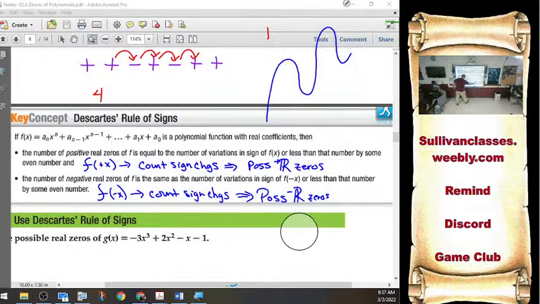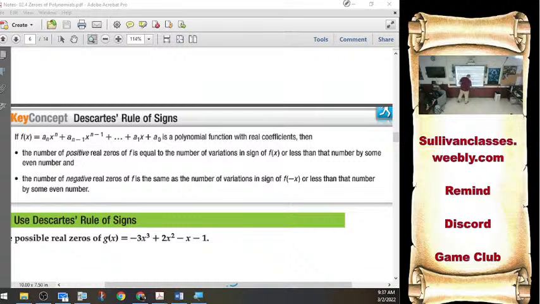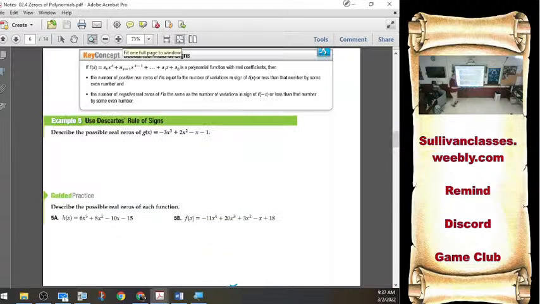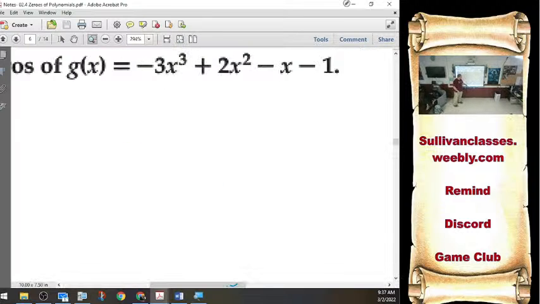What that means is when I'm finding my number of possible real zeros here, I always have to take it down in pairs to say how many possible there were. If I look for the positive real zeros by putting in a positive x, none of this changes. Just plug in an x. So my signs are negative, positive, negative, negative. How many sign changes were there? 1 potato, 2 potato.